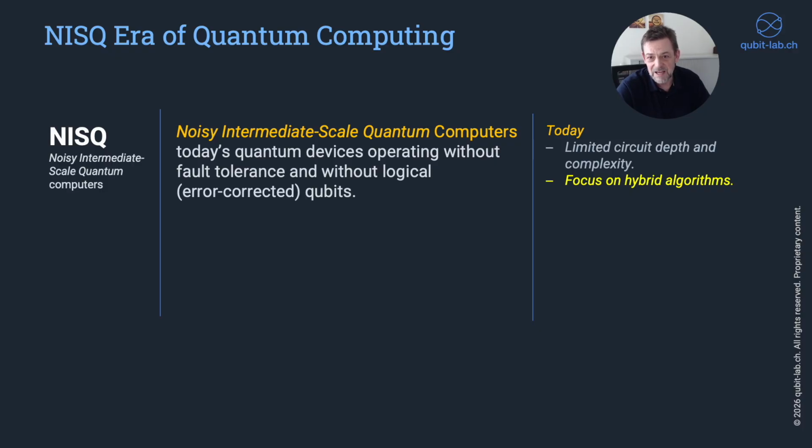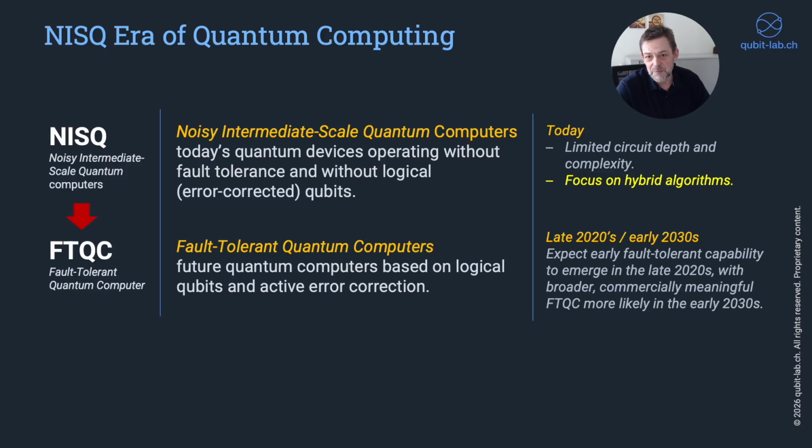On top of that, every gate operation introduces additional error. As a result, gate fidelity directly limits how deep and complex a circuit can be. Because of this combination of noise and limited coherence, today's devices are referred to as NISQ systems, noisy intermediate scale quantum computers.